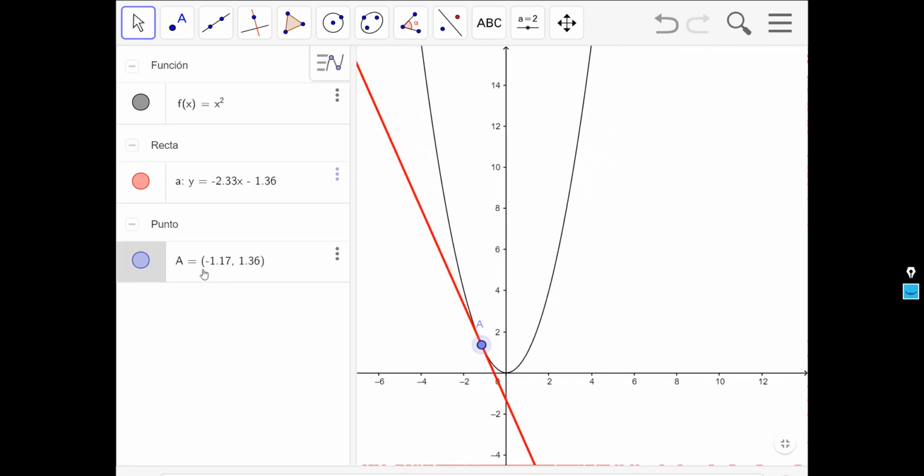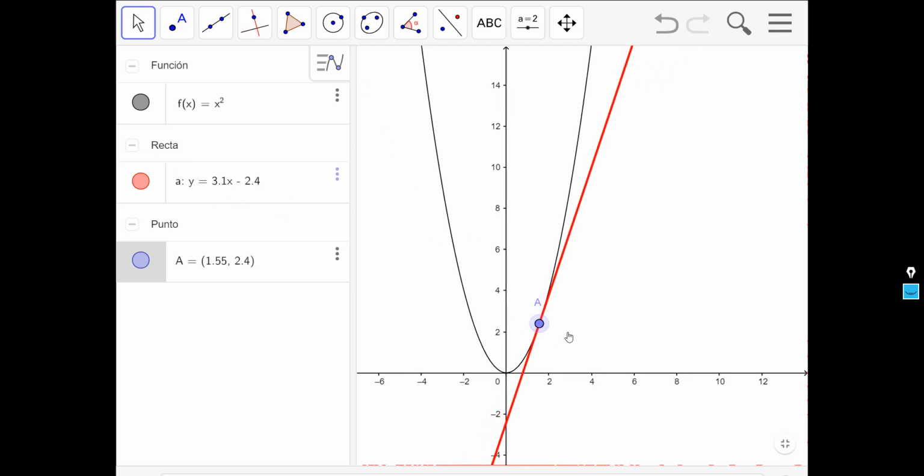These are the coordinates of your point A, and this line is the equation of the tangent line. And remember that this form of the equation is called slope intercept. This is the slope of this tangent line, and this is the intercept with the y-axis.